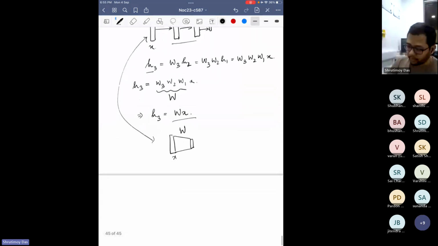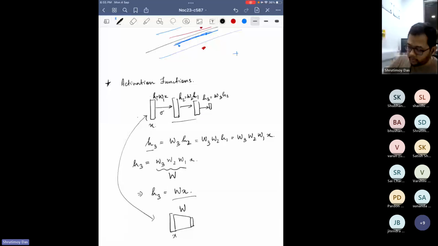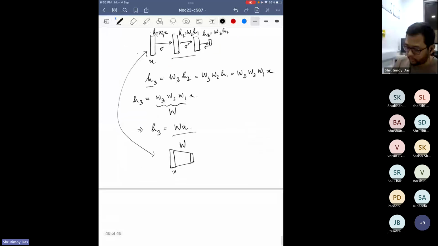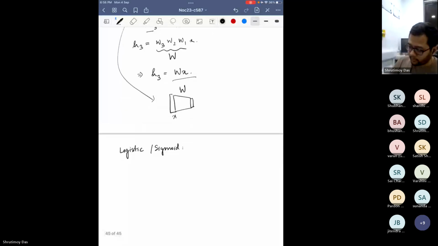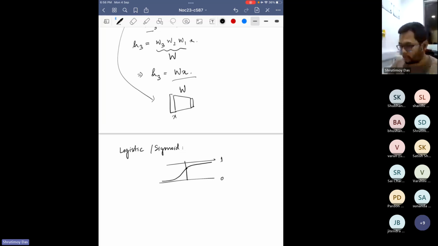Now if we have these non-linearities here, say we are using some sigmas here. As you saw in logistic regression, we have this logistic or sigmoid function. Here, this is your 0 and this is your 1. Whatever value you give, it squashes your value to between 0 and 1.